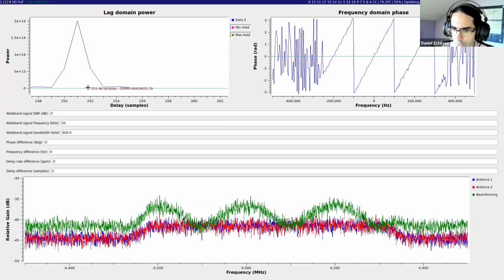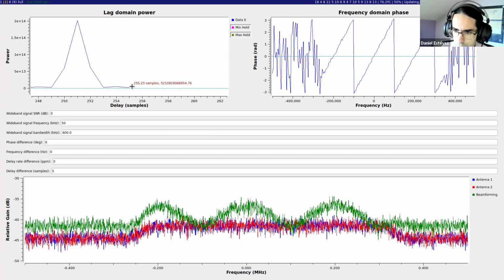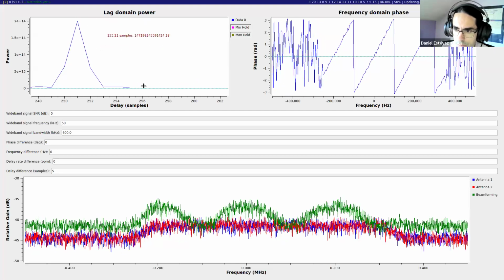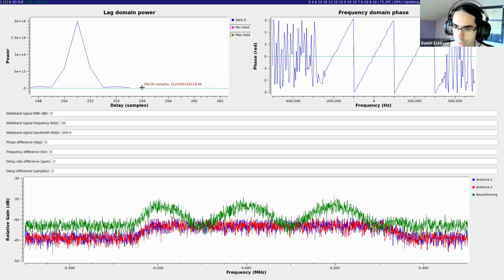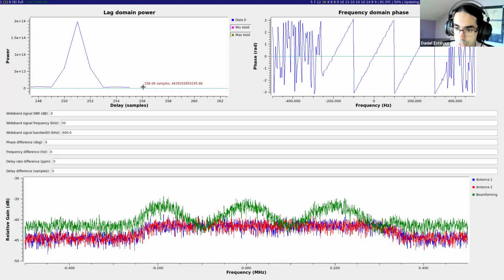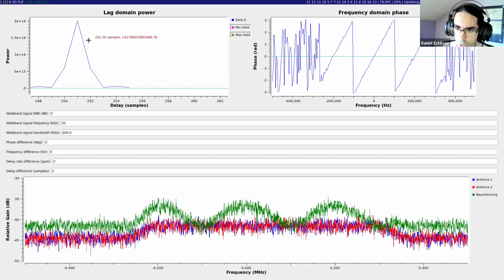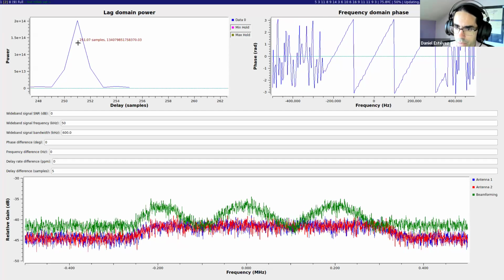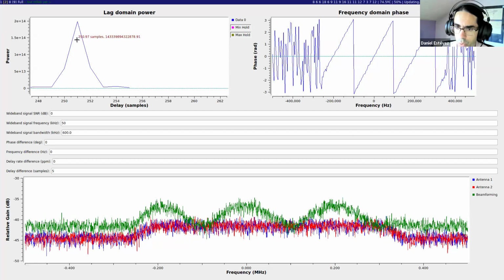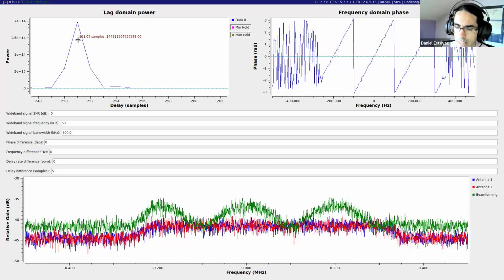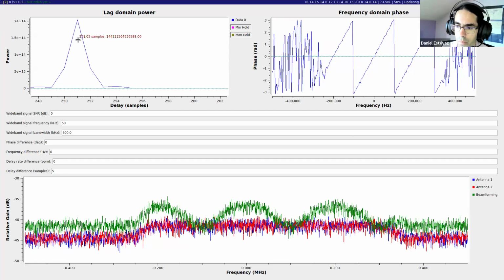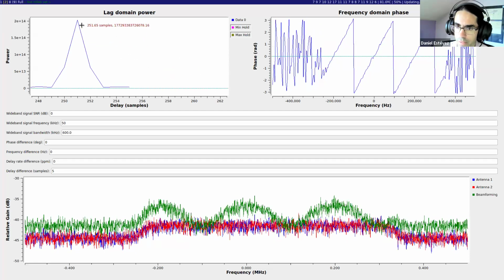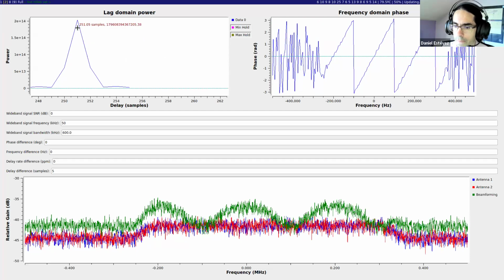So here, because of unit choice, the FFT size is 256. So delays which are close to 256 are really meant to be negative delays. So these 251 samples is the same as minus 5 samples, because 256 minus 5 is 251.